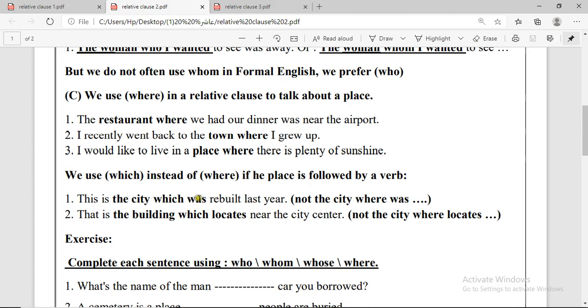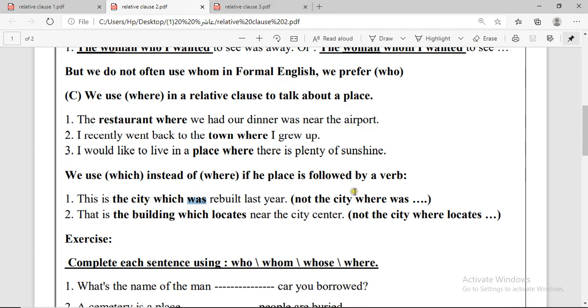Why did we use which here instead of where? I'll tell you. We have city, a place, but we have a verb here, was. So if we have a place and we have a verb, we use which for the place, not where.